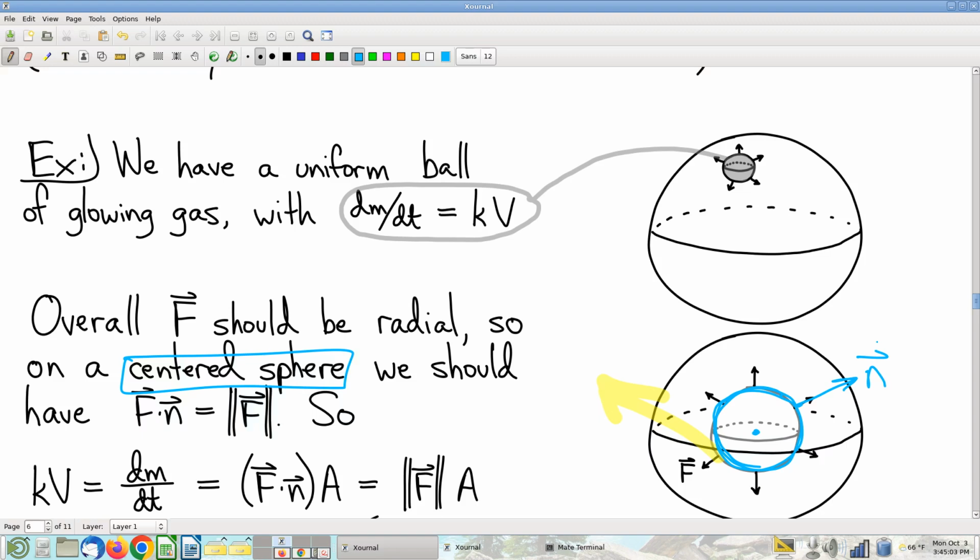That means both F and N are radial, so in the dot product F dot N, the angle between the two vectors is 0. The cosine is therefore 1. N is a unit normal vector, so all that's left in this dot product is the magnitude of F.